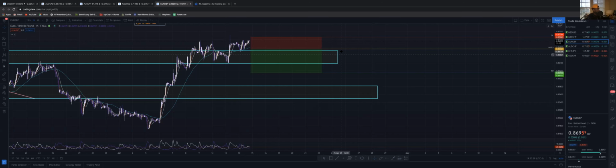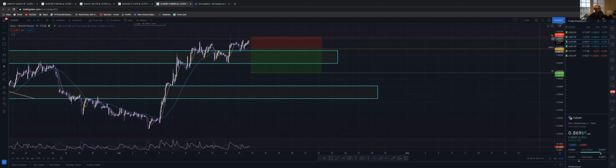So this is my entry here, and then it's going to hit TP because first of all, it needs to clear this supply area. And then I have my TP right below the supply area because, like I said, I don't want to be greedy. If I wanted to be greedy, I could have my TP all the way down here, but I'm not. All right, so we have that going on.